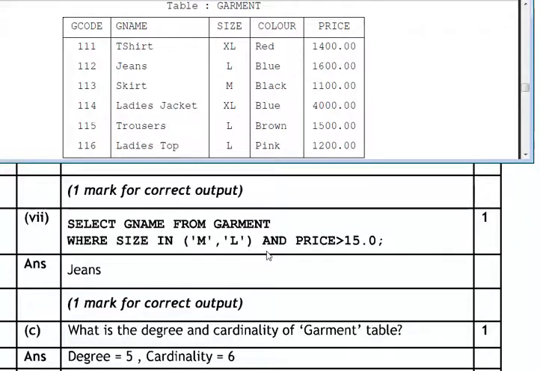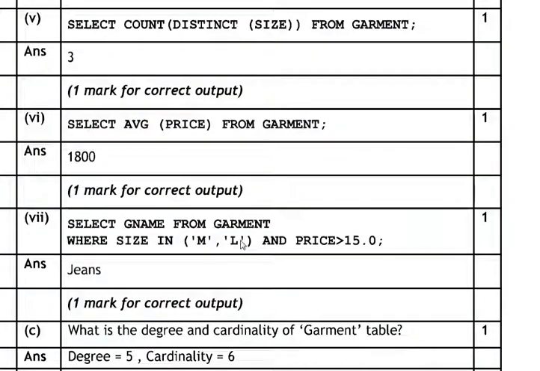Then if you check price greater than 15, all are 15.0. I think there is a problem in the question.